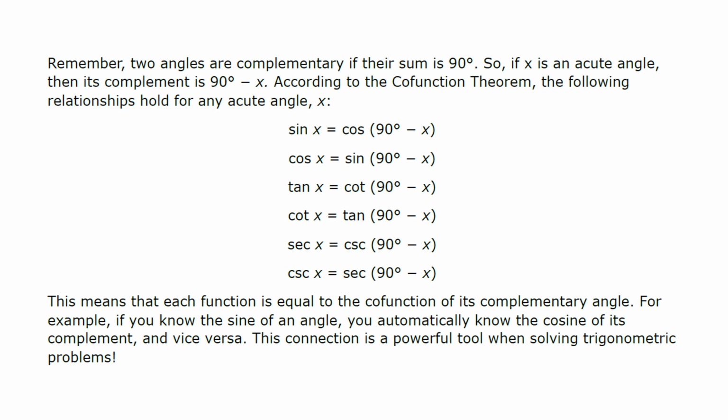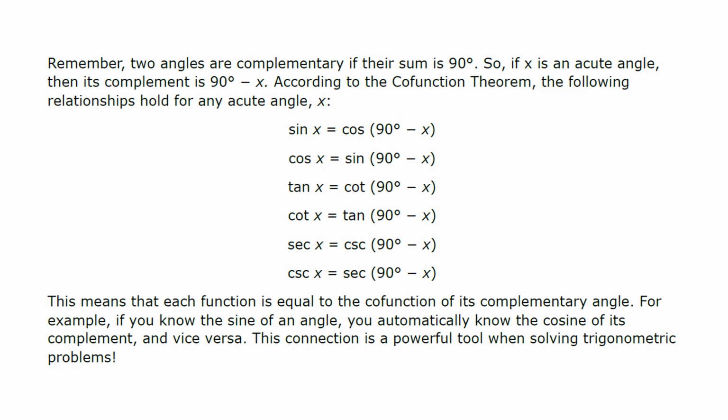Sine x equals cosine of 90 degrees minus x. Cosine x will then equal the sine of 90 degrees minus x. So each of the cofunction relationships will be similar. Tan x equals cotangent of 90 minus x, but then cotangent x would equal tan of 90 minus x.